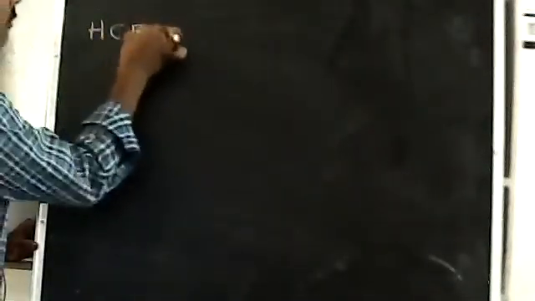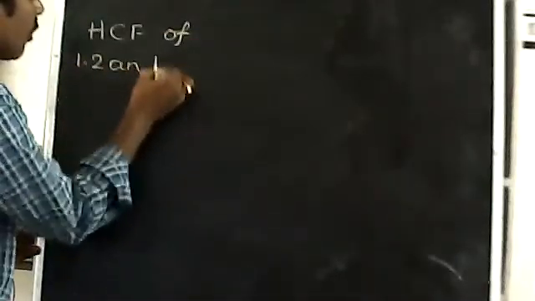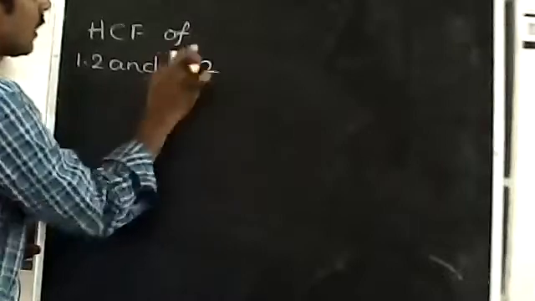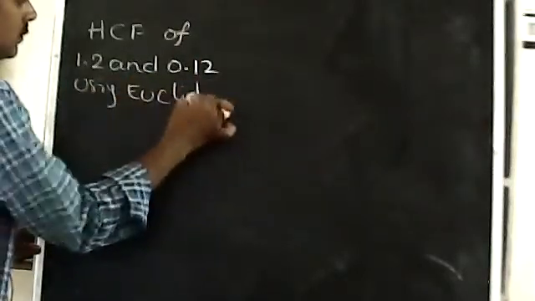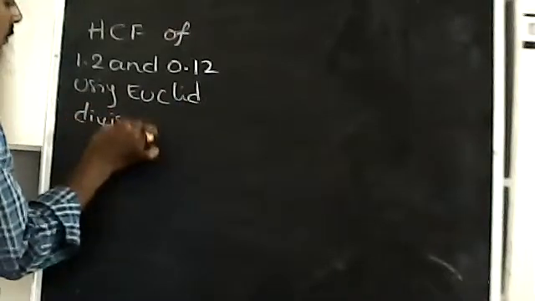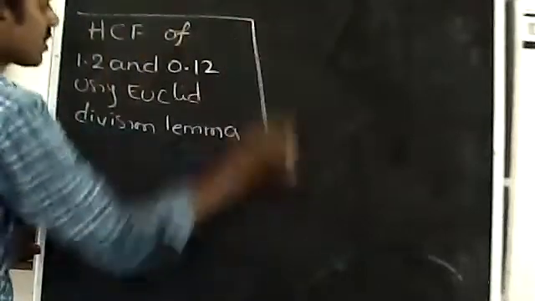That is, can you find the HCF of 1.2 and 0.12 using Euclid division lemma? This is my question.